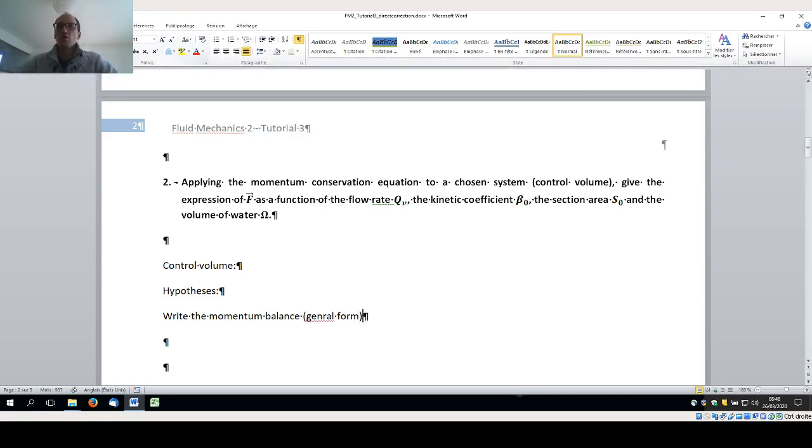in its general form. And once you have written the momentum balance in its general form, you will simplify each term in the equation regarding the knowledge of the flow properties you have.